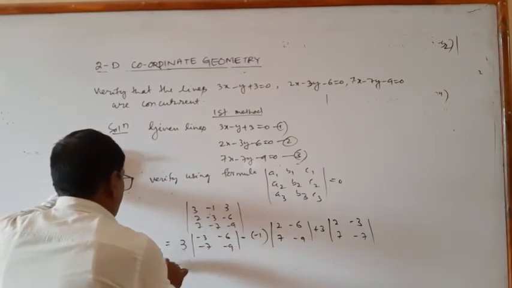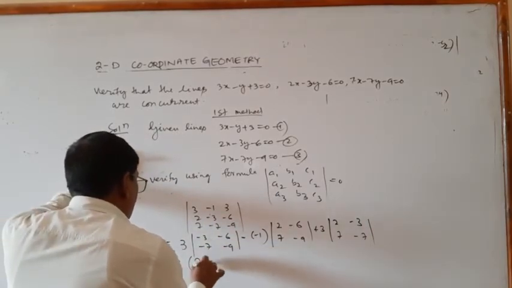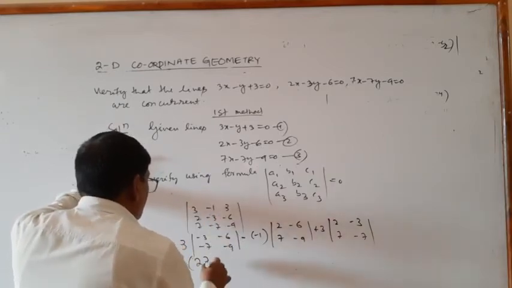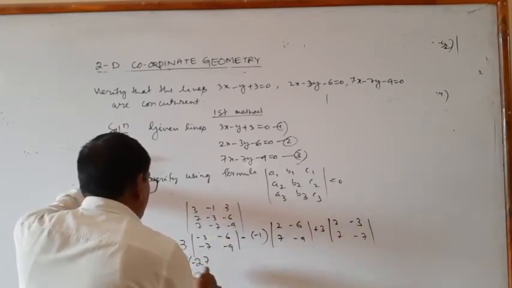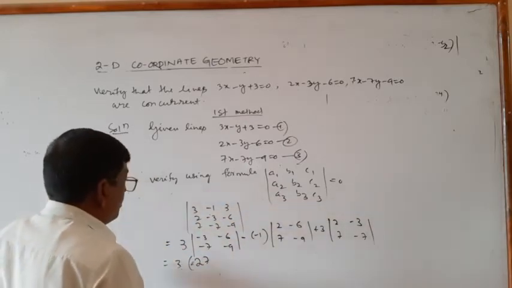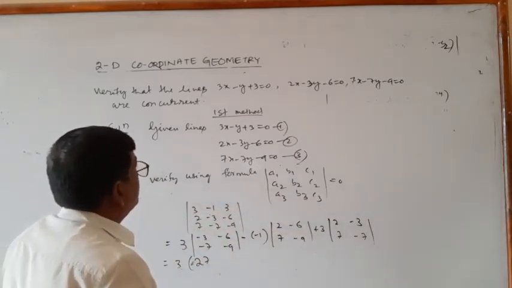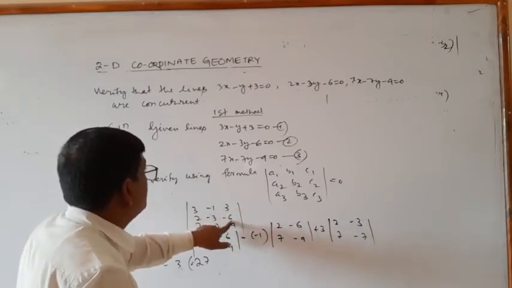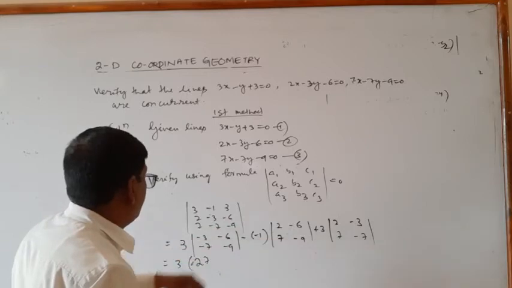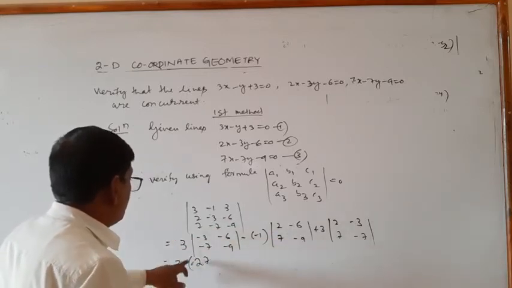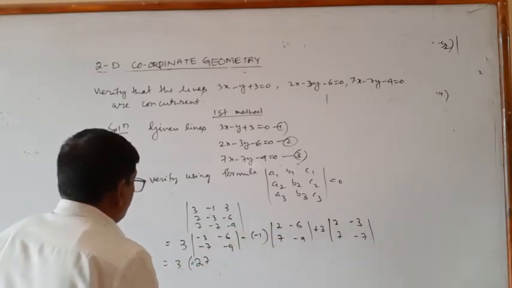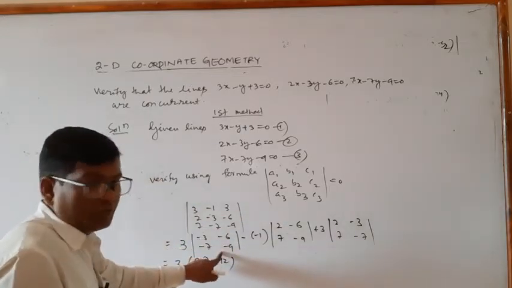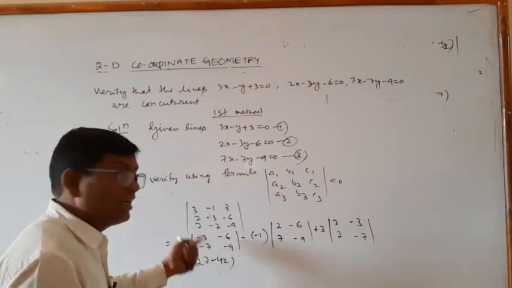Now calculate this. This is equal to 3 into 27 minus 42, that is 27. Apply this: 3 minus 1, 3, 2 minus 3, minus 6, 7 minus 7, 9. Now 3 into 27 into minus 42, because minus minus plus, and minus plus plus, again minus, so 21.